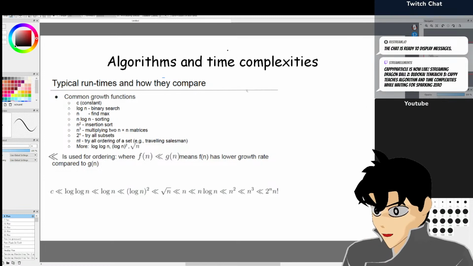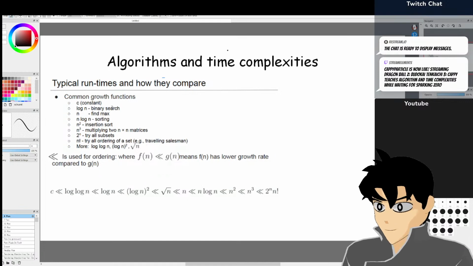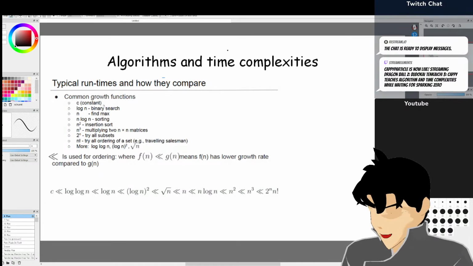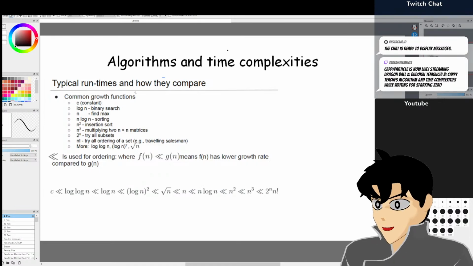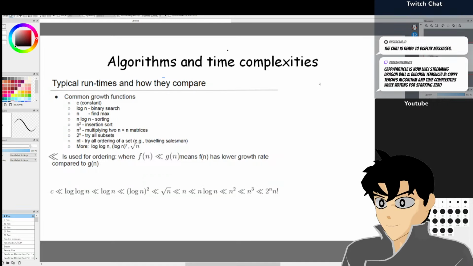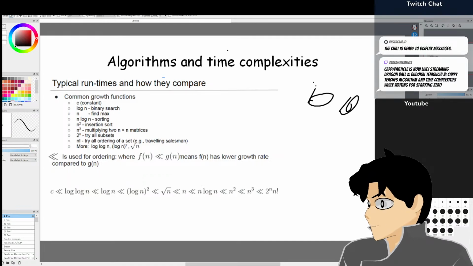Okay, so constant is constant time, right? It's generally a type of modifier towards everything else. If the function is... strange delay on my pen.